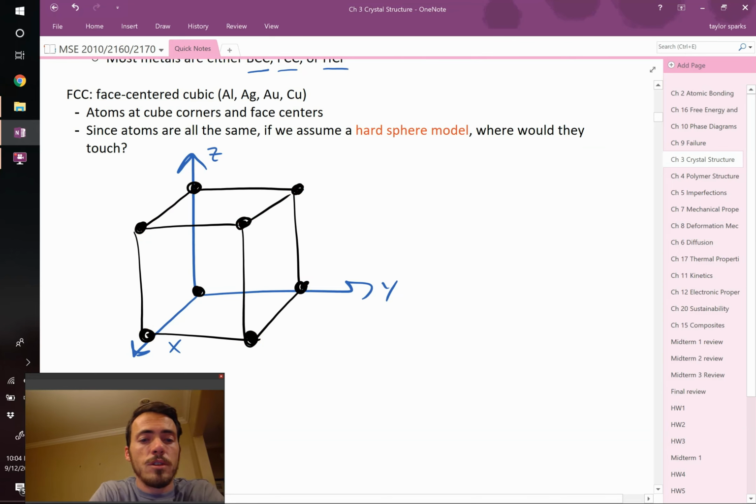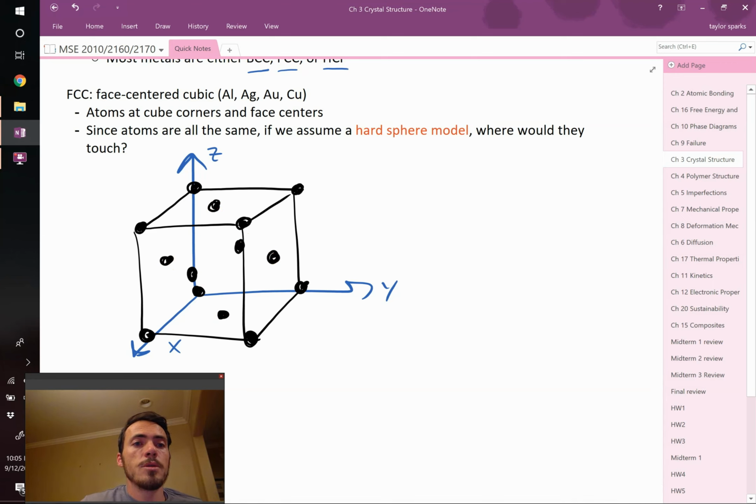So all at the cube corners, but you also place them, like the name suggests, face-centered cubic, at the centers of the faces. So the front face, the back face, right face, left face, top face, bottom face. Like if this was a dice, those would be the centers of the faces, right? So in the face-centered cubic structure, that's where your atoms are located.